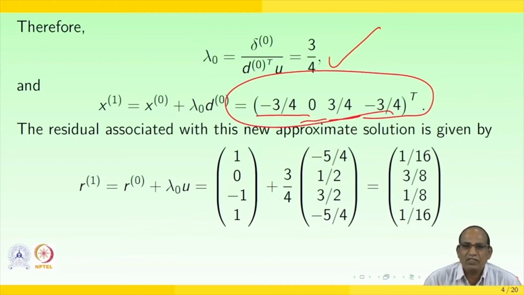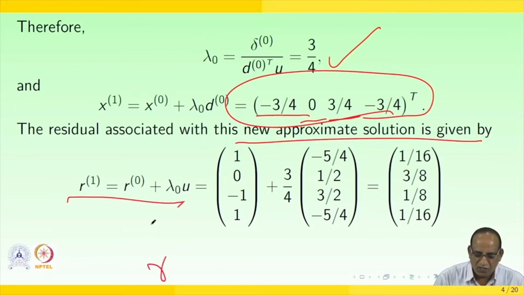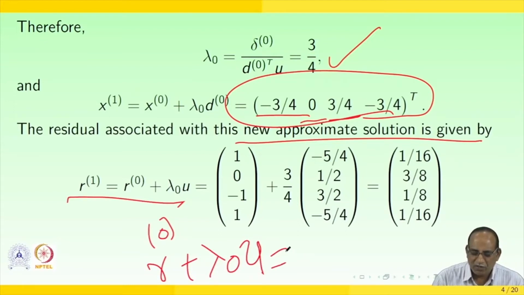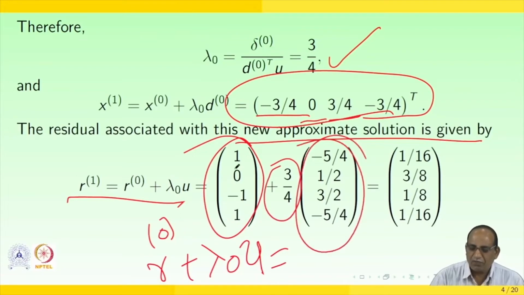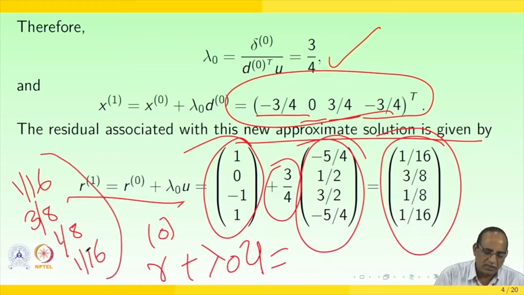The residual associated with this new approximate solution is given by R of 1 equal to R of 0 plus lambda naught times U. So when you multiply the matrix and add it to this R naught, you would end up with a vector of this size, that is 1 over 16, 3 over 8, 1 over 8, 1 over 16.